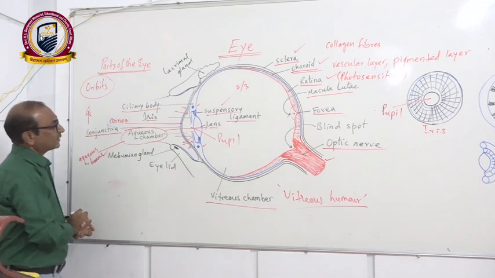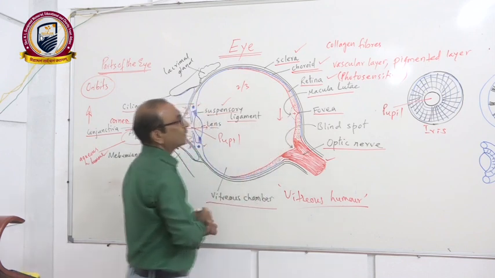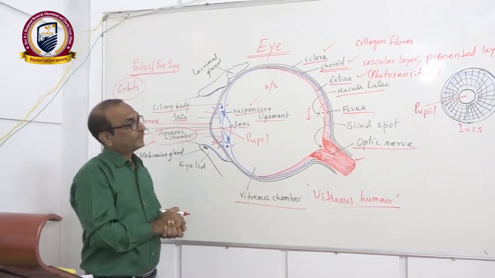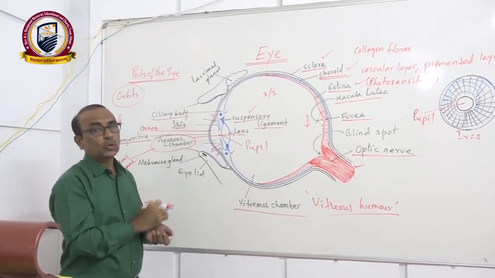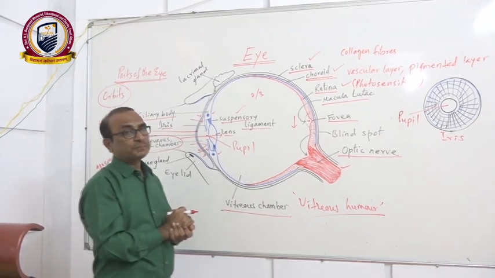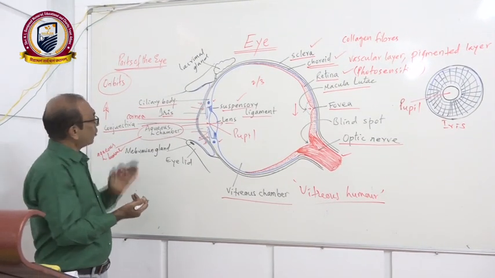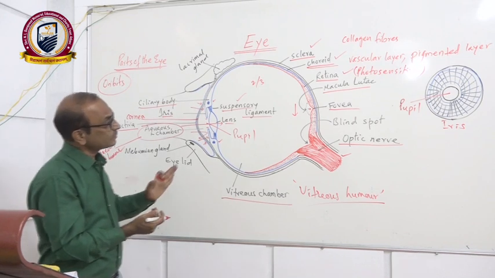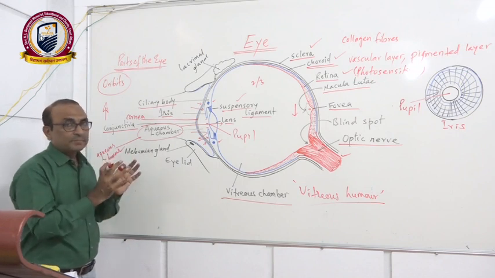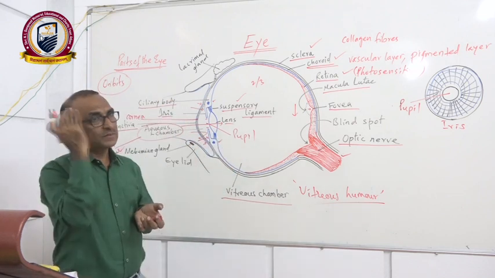And always remember that the object we see, its image will be inverted when it falls onto the retina, and it is again corrected by the central nervous system and by the optic lobes, and then the central nervous system where we have the vision center. So there actually the real image of the object is seen. Now that means eyes are just working like a camera, and the man behind who can see and identify the things is our brain.